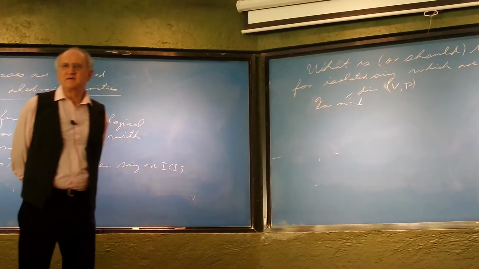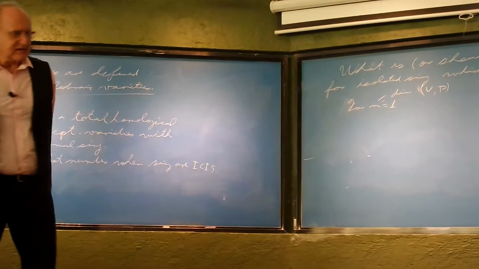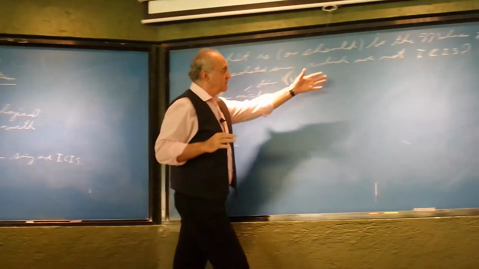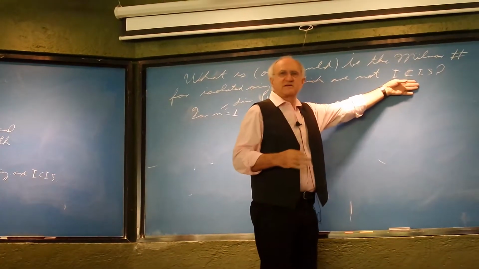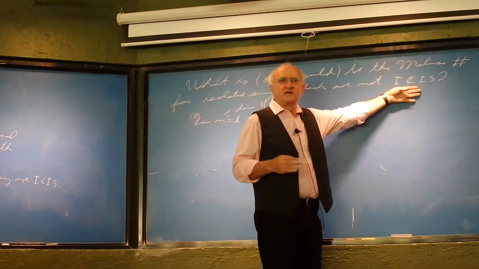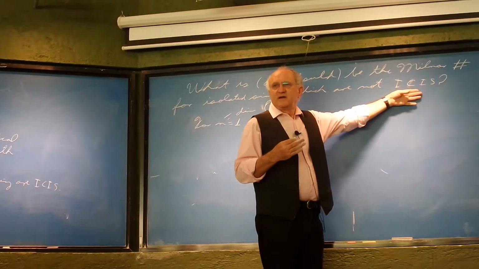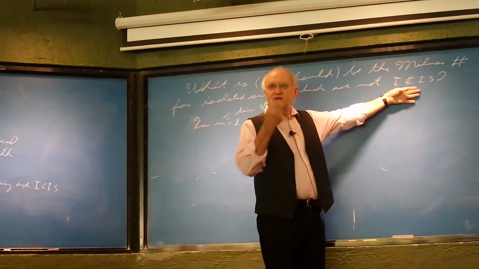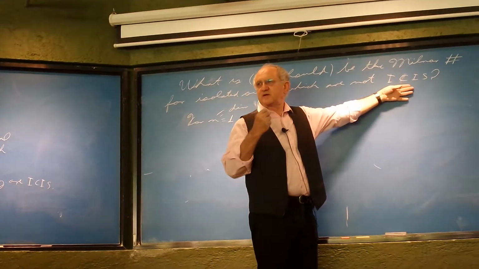Let me repeat. In all dimensions, when it's an isolated complete intersection singularity, we have a Milnor fiber that has the homotopy type of a bouquet of spheres of middle dimension, and the number of spheres is by definition the Milnor number.